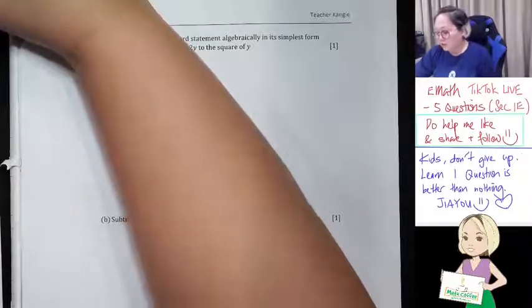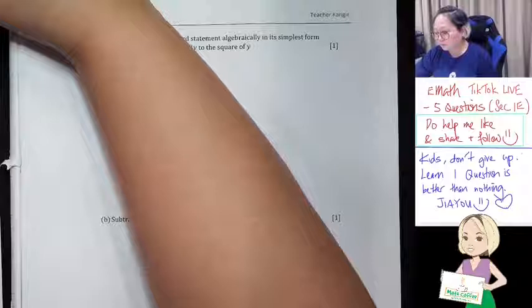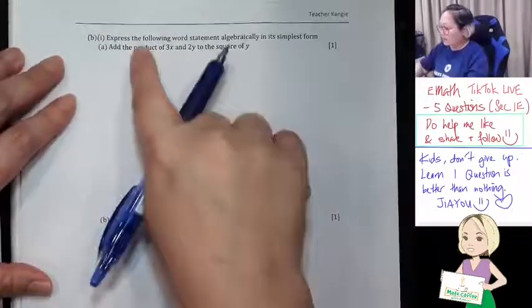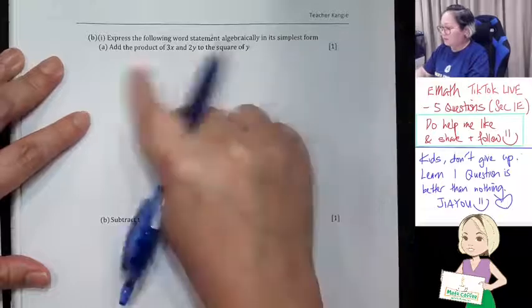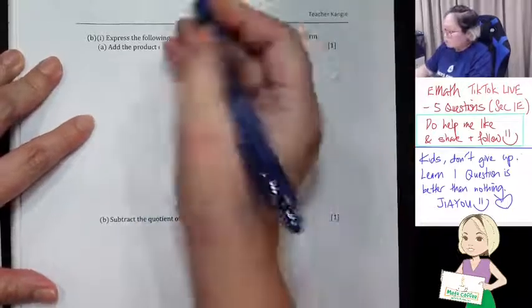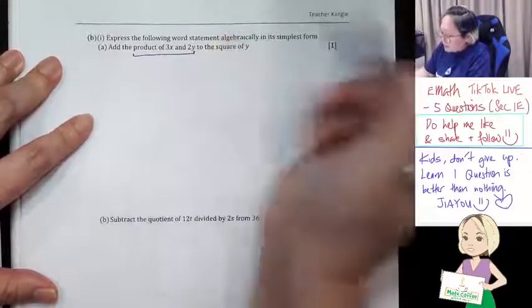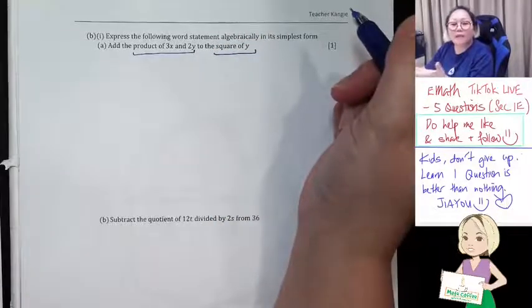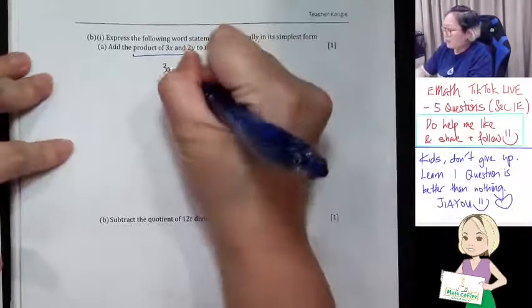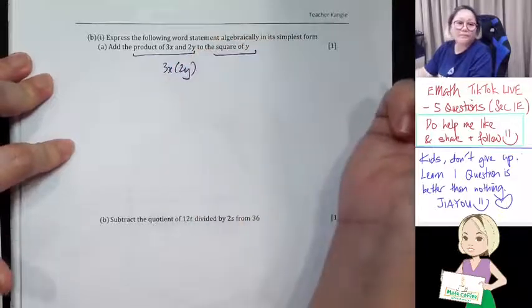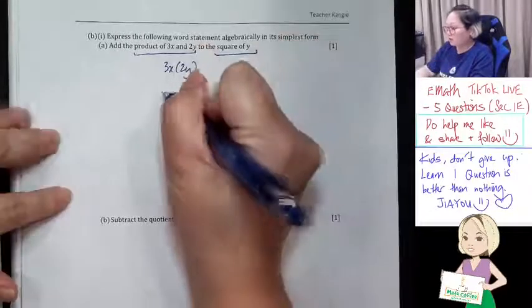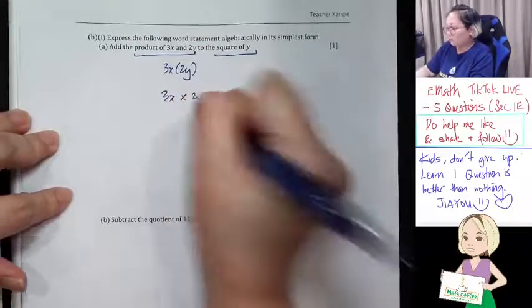Okay, let me just continue already. Okay, kids. Express the following in its simplest form: the product of 3x and 2y and square of y. So, product means multiply. So they are saying 3x multiply with 2y. If you notice in secondary school, for multiply, they always use the bracket instead of the multiplication sign. They don't write this way anymore. Why?